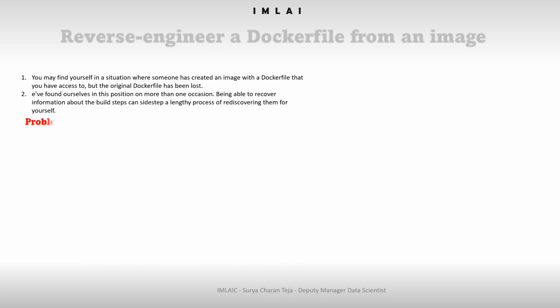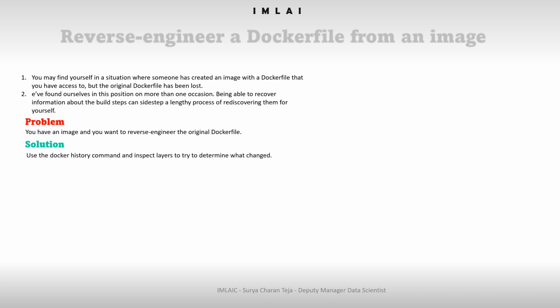So in this case, let's take a problem statement: we have an image and we want to reverse engineer the original Dockerfile. For that, the solution you want to use is the docker history command and inspect layers to try to determine what changes have taken place.